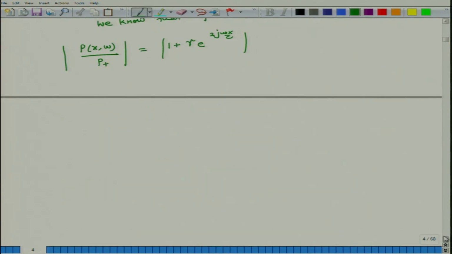And finally, we know that gamma has an amplitude and a phase, e to the j eta.